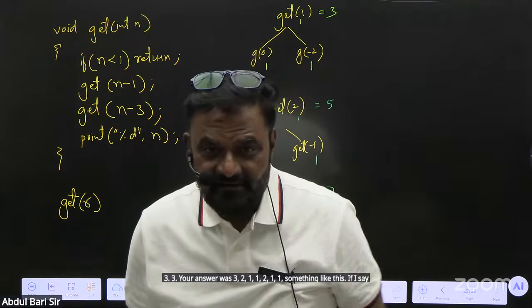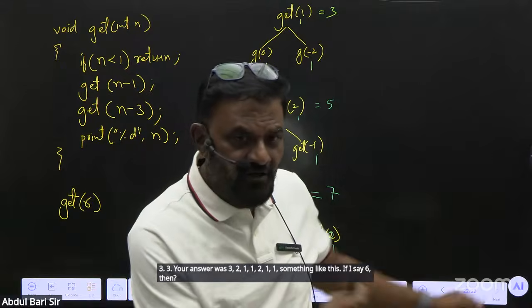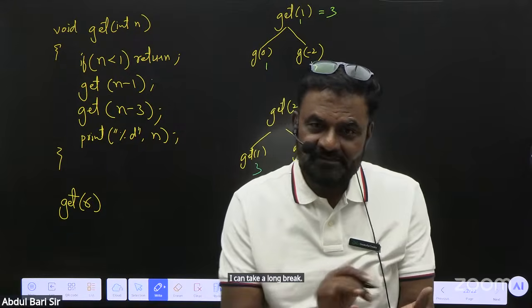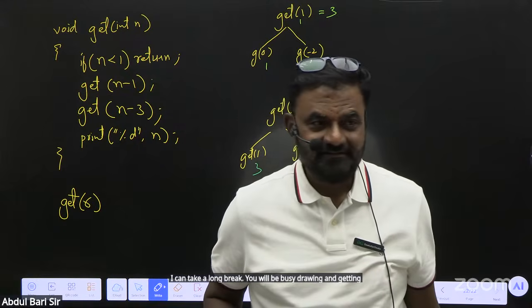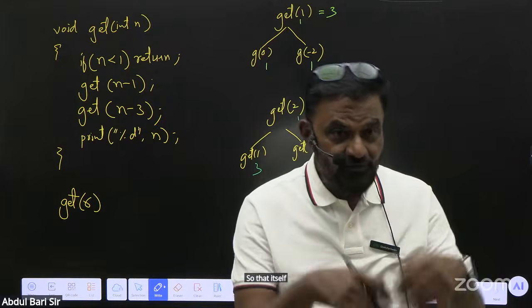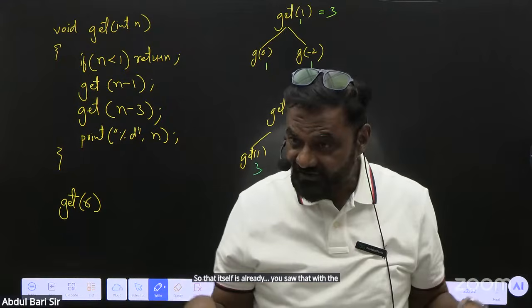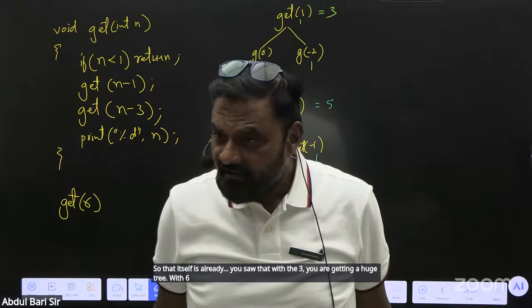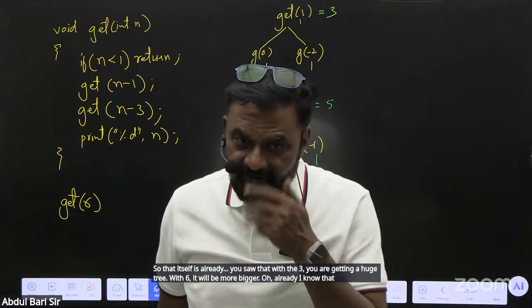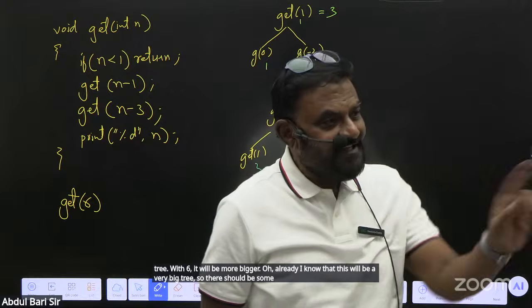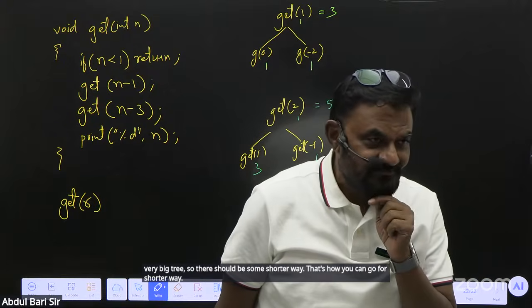If I say 6, then I can take a long break, and you will be busy drawing and getting the answer. You saw that with 3 you are getting a huge tree, and with 6 it will be bigger. Already I know this will be a very big tree, so there should be some shorter way. That's how you can go for a shorter way.